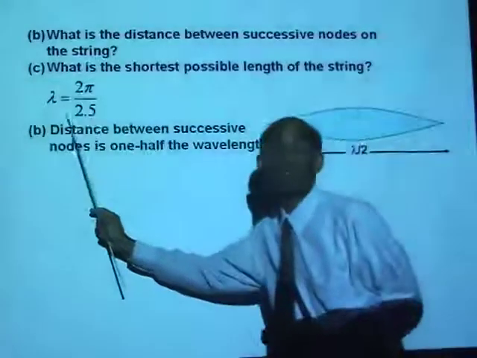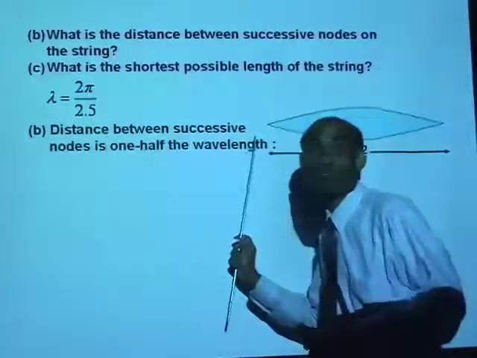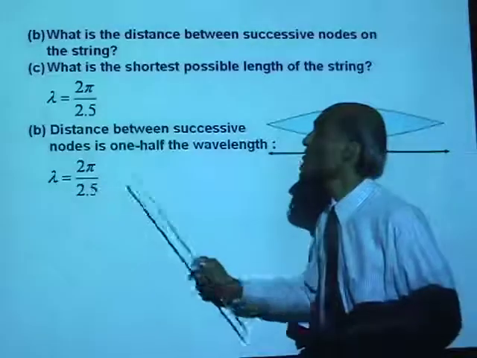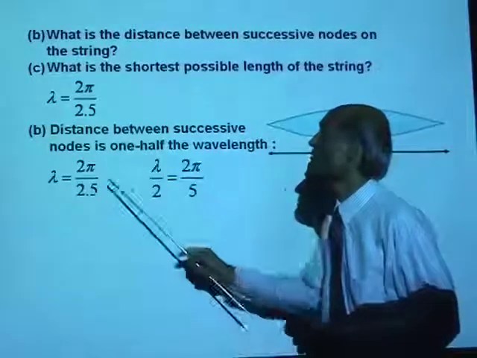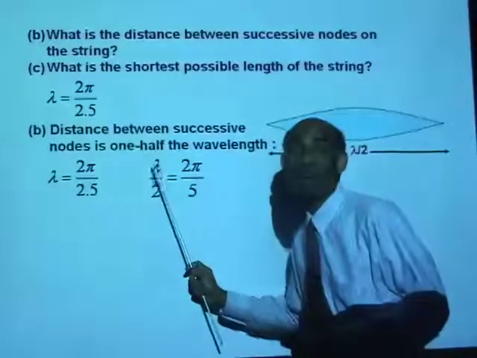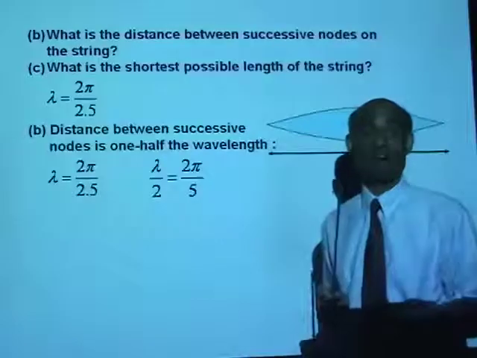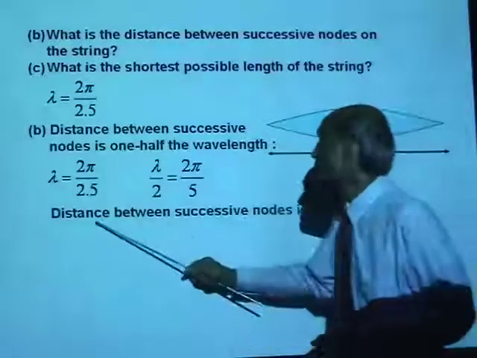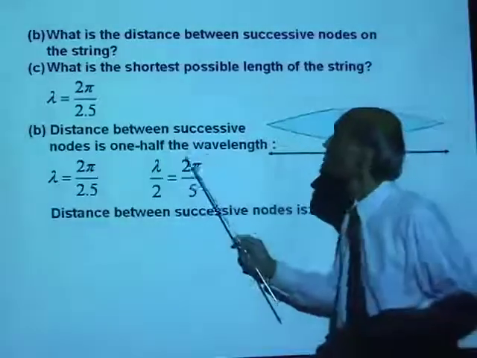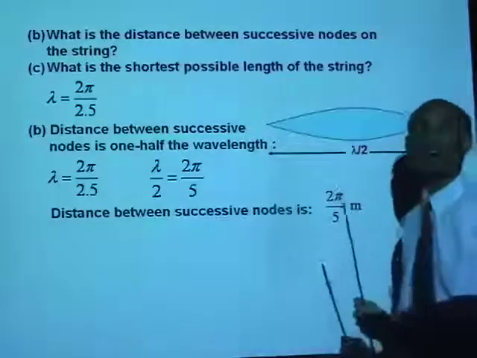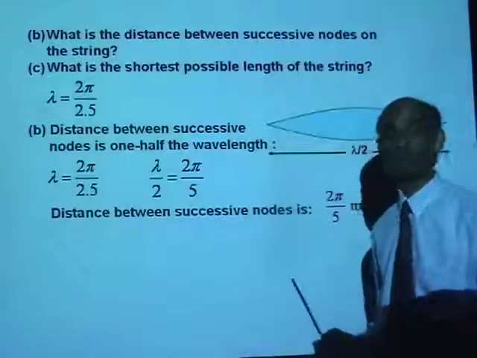And wavelength we know, and therefore we know that distance. Lambda equal to 2 pi divided by 2.5, therefore lambda by 2 equal to 2 pi divided by 5. And the distance between successive nodes is therefore 2 pi divided by 5 meter.